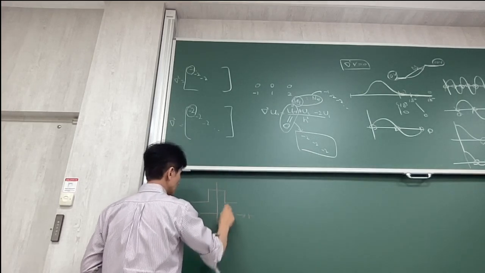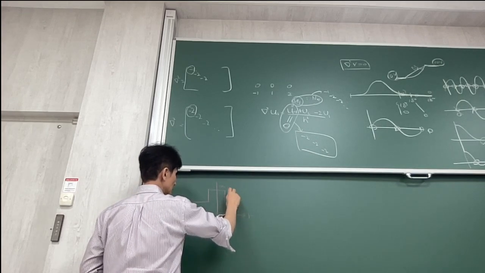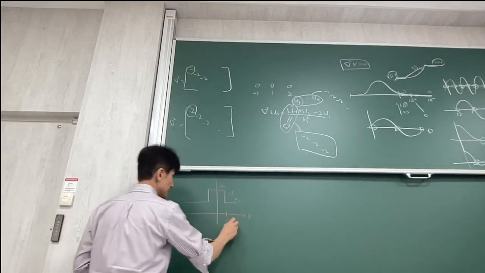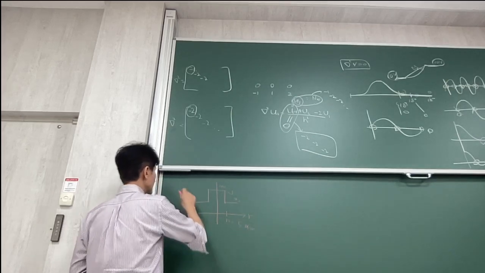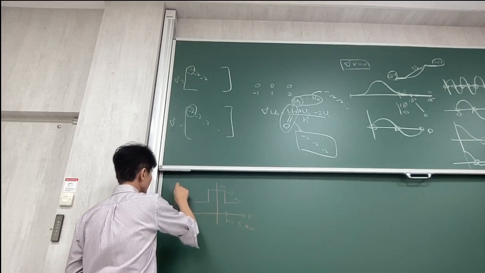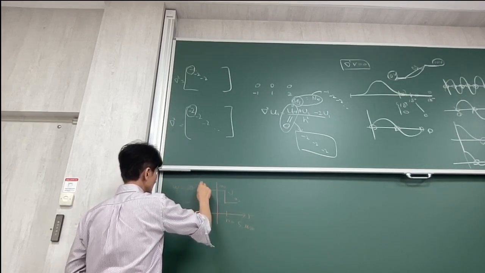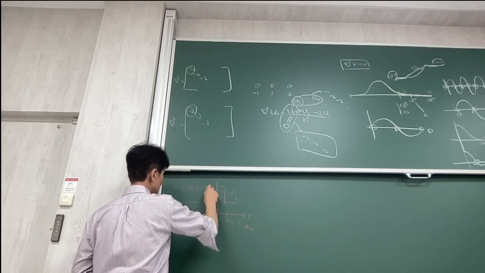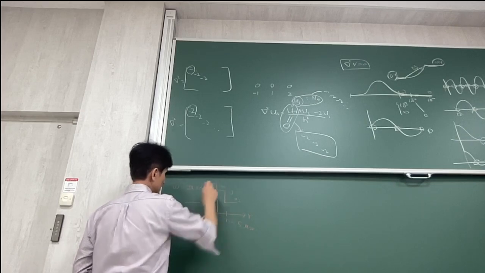This is R1, this is refractive index 1 and refractive index 2, which is larger than refractive index 1. And the radius of this one is 5 microns, and omega is 2 pi times 6 times 10 to the 12 hertz.